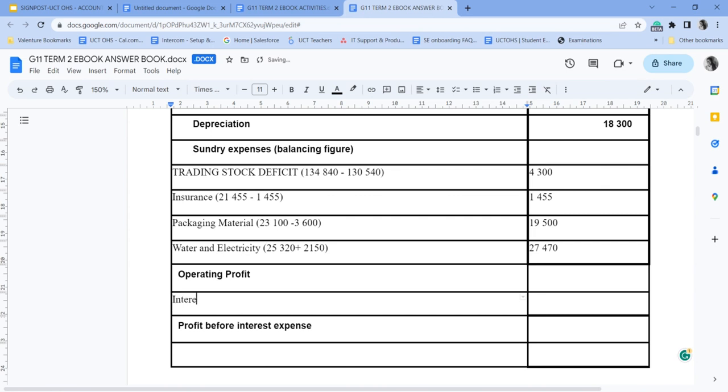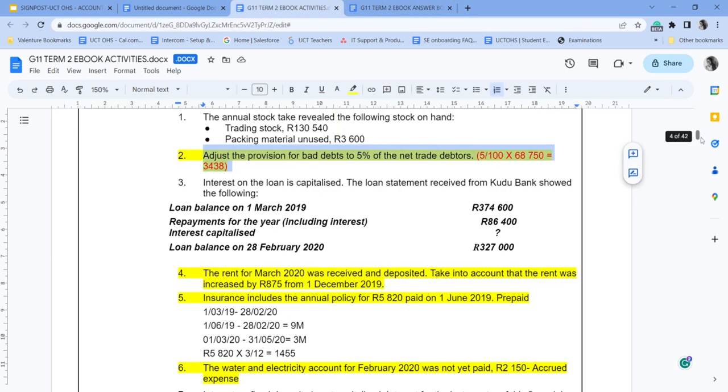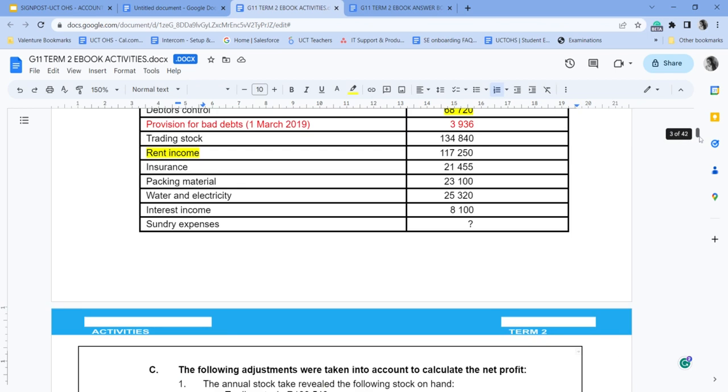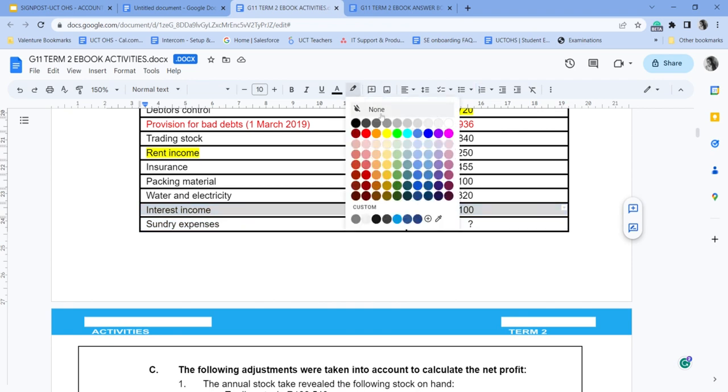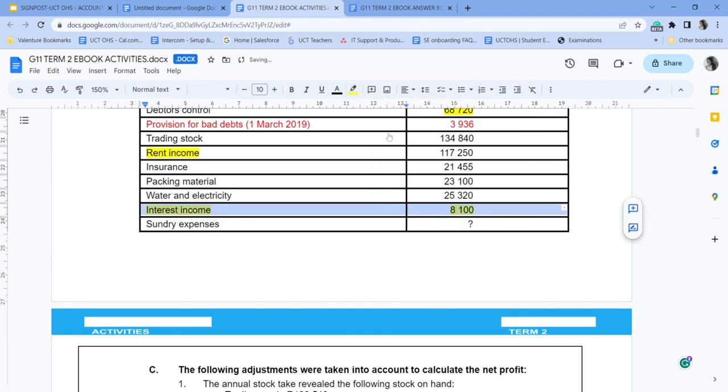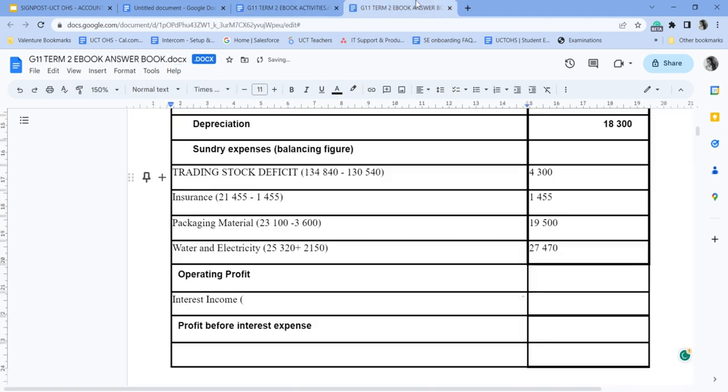Sorry. So interest income. Okay, so let's figure out how much is the interest income. I am going up to find out if there's information for interest income. Awesome, found it. So they've given us interest income here, and they're telling us that it's 8,100.